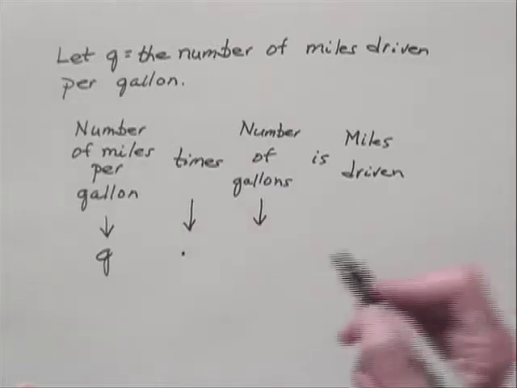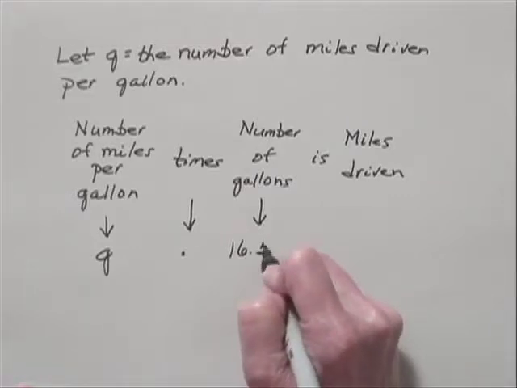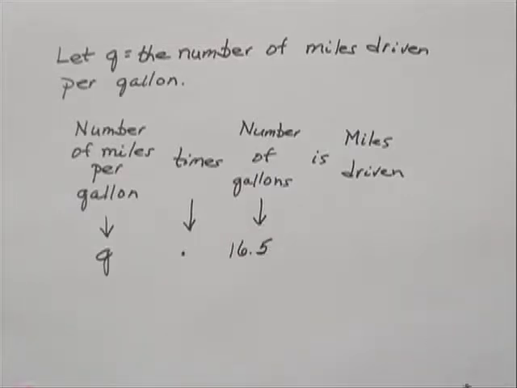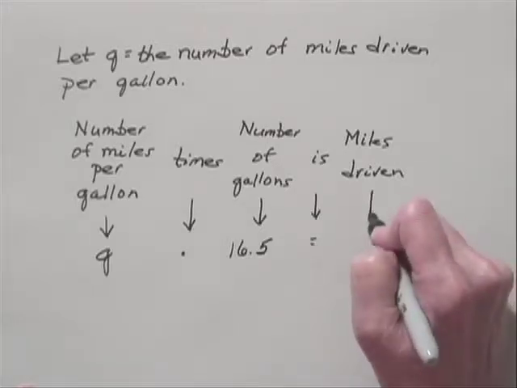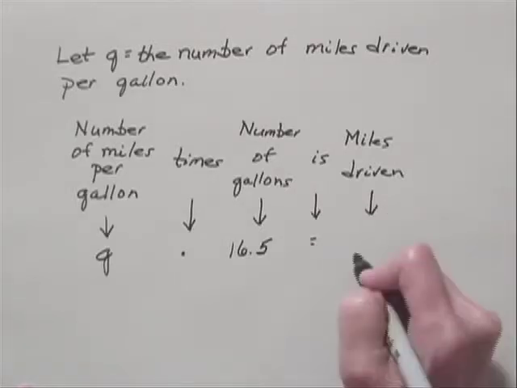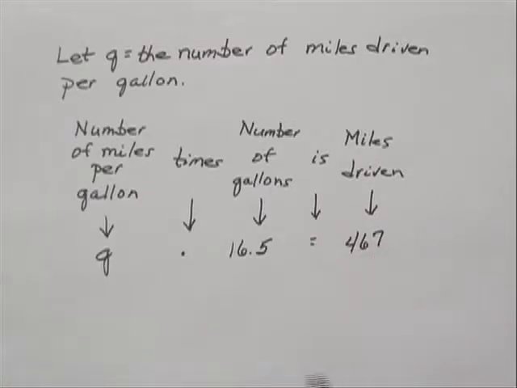The number of gallons used, we were told in the original problem that 16.5 gallons was used to fill up the car. Is translates to the equals sign, and the miles driven is what we previously found. We found that it was 467 miles. So we have an equation, G times 16.5 equals 467.